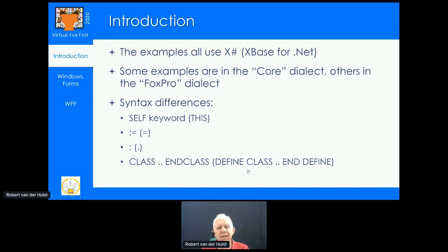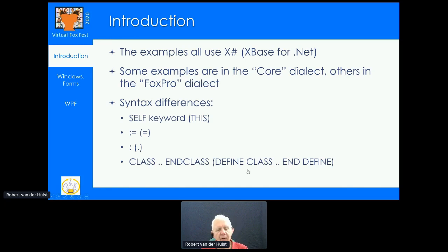There are some syntax differences between the core dialect and what you are used to in Fox Pro. I'm mentioning a couple of these on this slide. In the handout, we'll give you more details about these differences. The most prominent one is that we normally use self as a keyword to refer to the current object, where in Fox Pro, you use this.